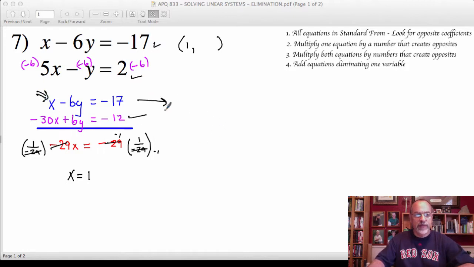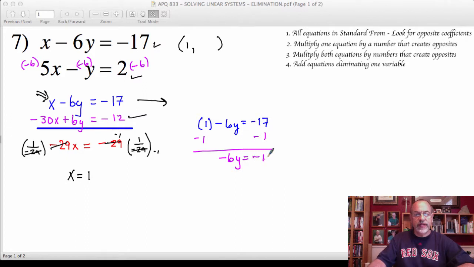So copying this equation over and then substituting a 1 where I see the x, I'm going to get 1, which I know is x, minus 6y is equal to -17. So I can add the opposite now of this 1 to each side to get the y value by itself. So 1 minus 1 is 0. I still have the negative in front of the 6y.